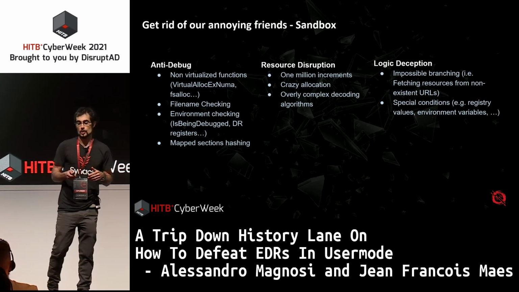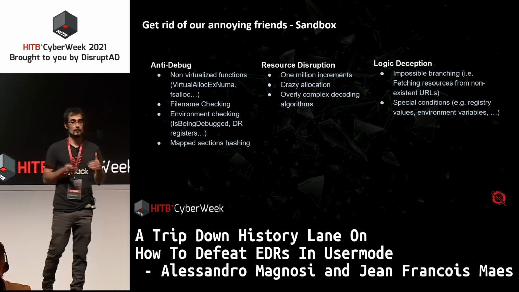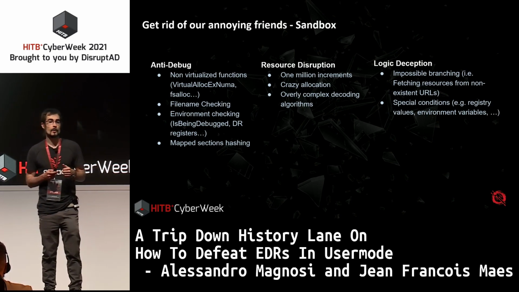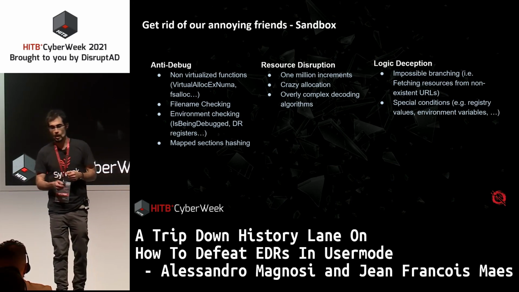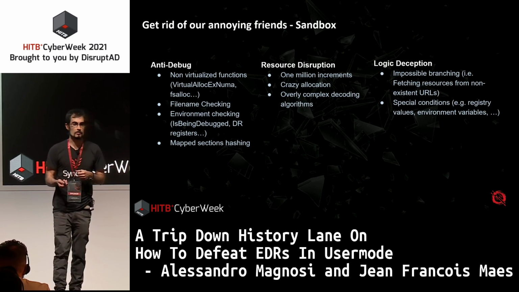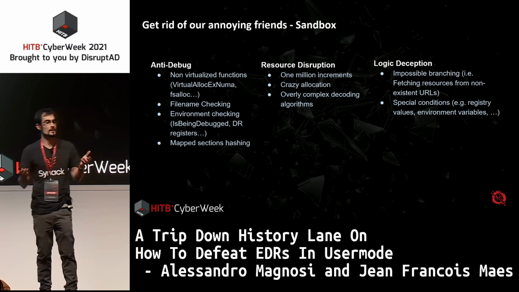So if we can understand which functions are not virtualized and we use them, we can break the execution if we are in a sandbox. Or we can do other things, like checking if a debugger is active, or doing map section actions, common anti-debug techniques.